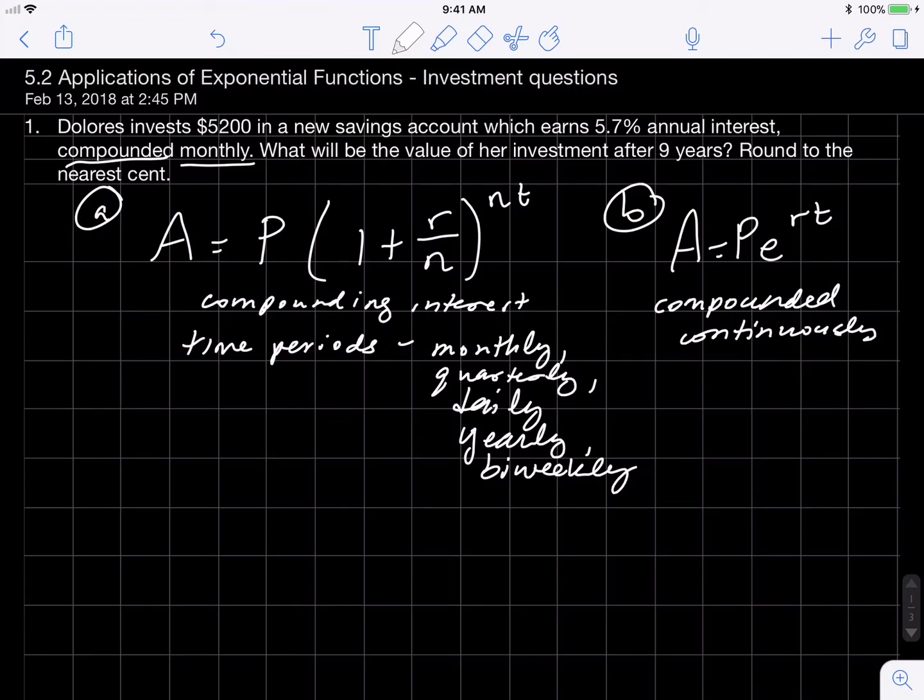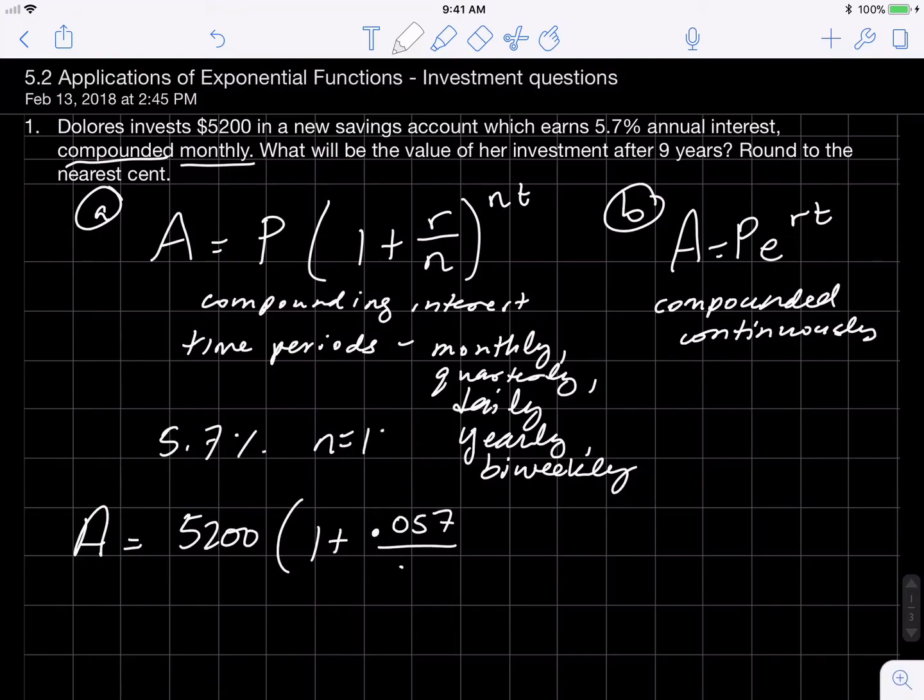Okay, so in this case, we don't know the final amount, so we will leave that blank. That's A. We do know that the principal amount is $5,200. We also know the rate is 5.7% annual interest, so we convert that to a decimal, 0.057. We put in compounded monthly, meaning n is equal to 12.